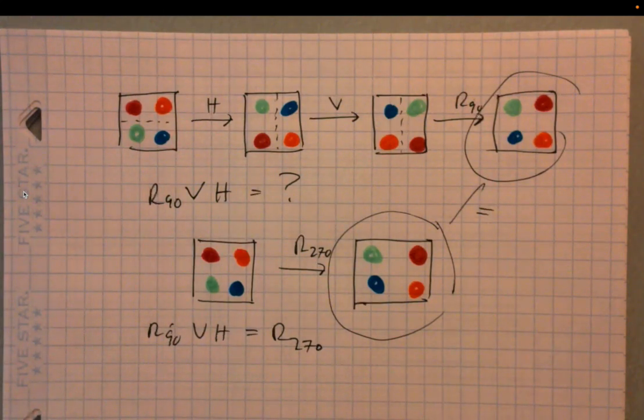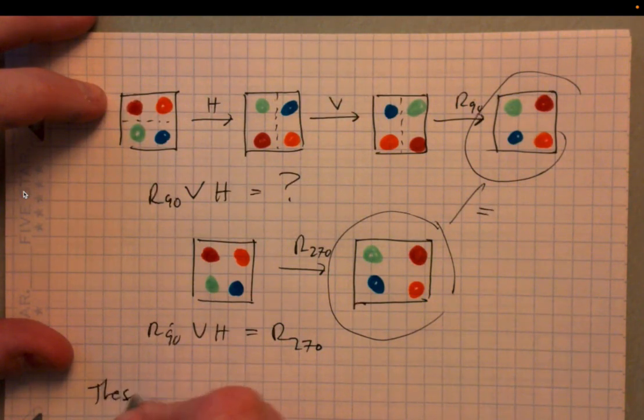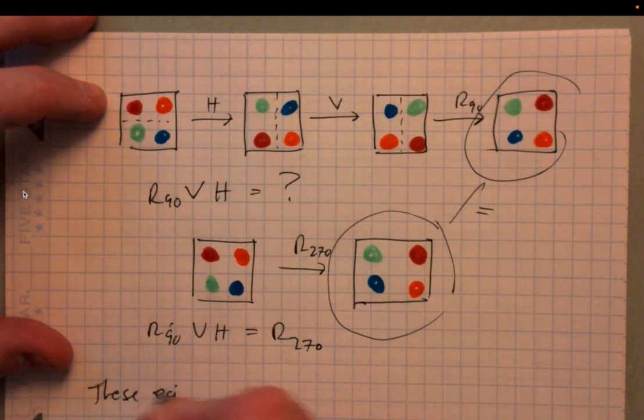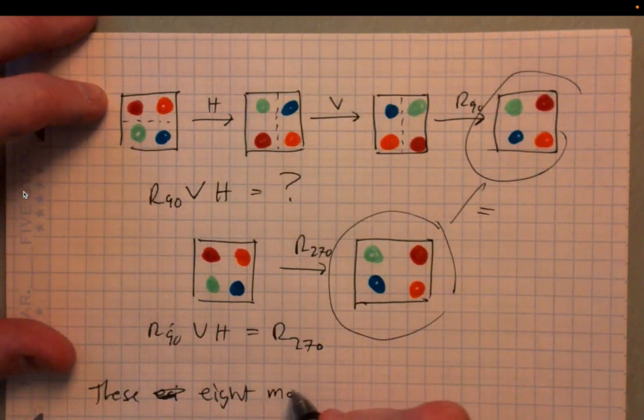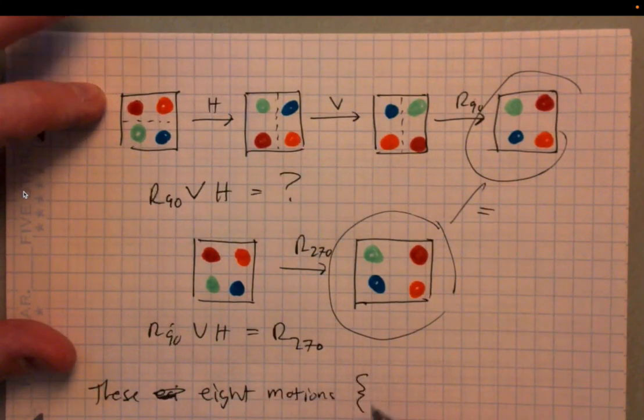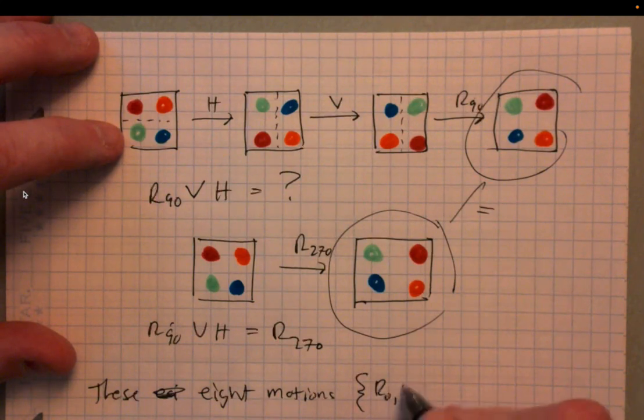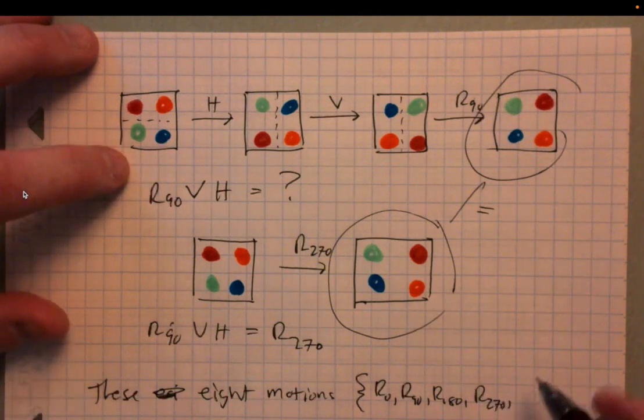Okay. All right, and so this is a group, right? Actually, these 8 motions, let's write them out. So R0, R90, R180, R270, and then H, V, D, D prime.